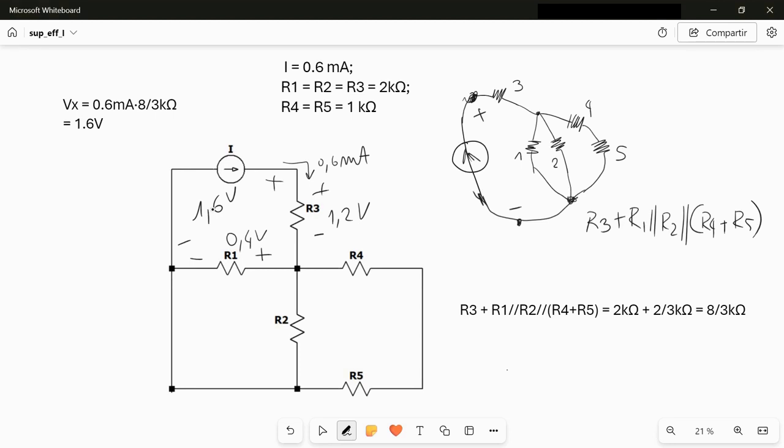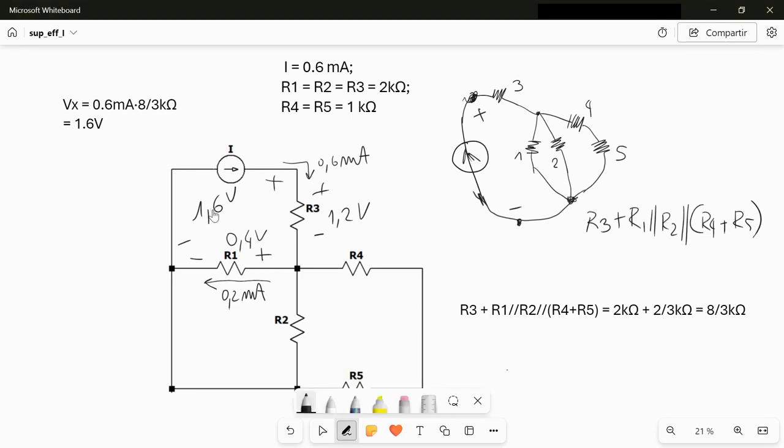So we can calculate now the current in this resistor, which is 0.4 volt divided by 2 kilo, so we have 0.2 milliampere.